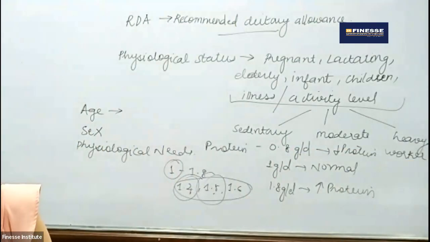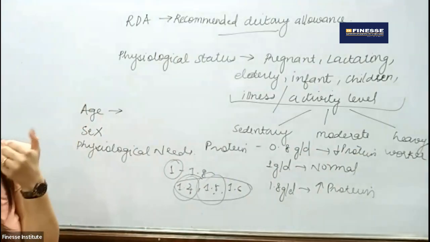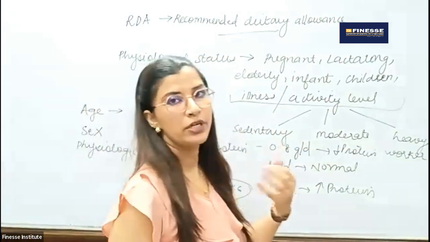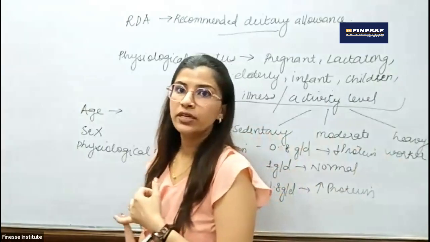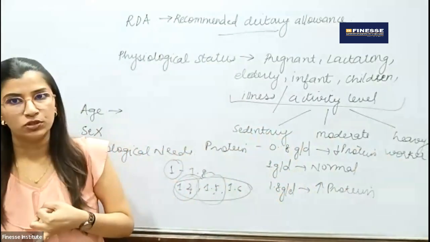Yes, ma'am. Okay, so the purpose of RDA is basically to guide the planning of the diet for individuals and on a community level. Okay, it helps in making group diets and fortification programs.